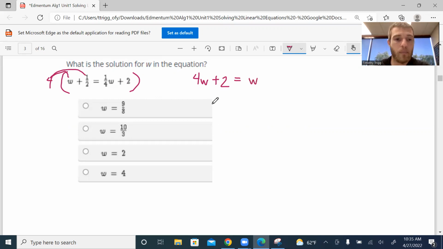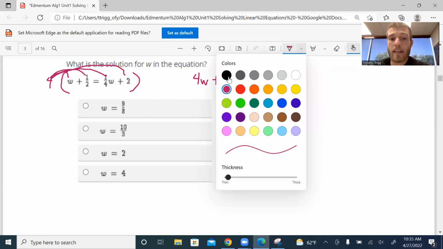I could just write W. And then 4 times 2 for our last term, that's going to be plus 8. You can see it's much easier to work with now that we don't have any fractions. It's a lot less intimidating.